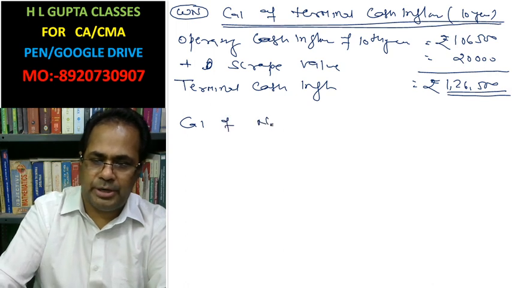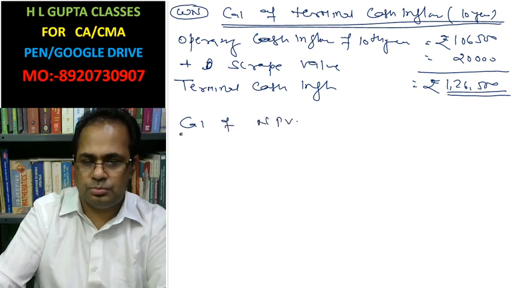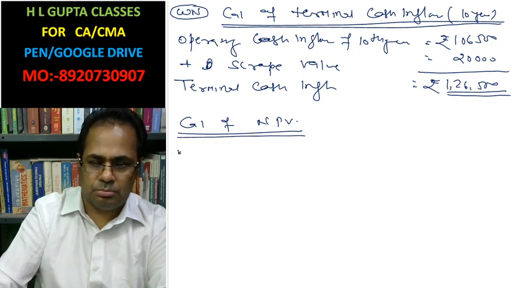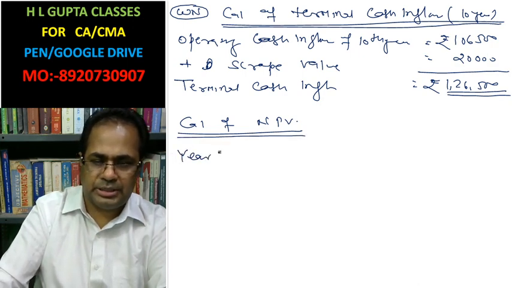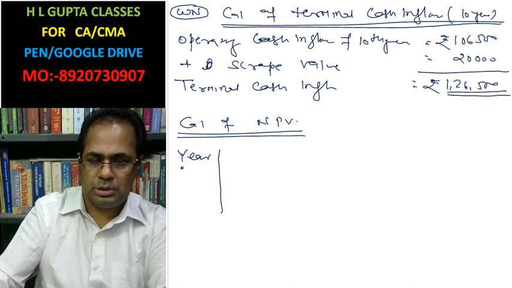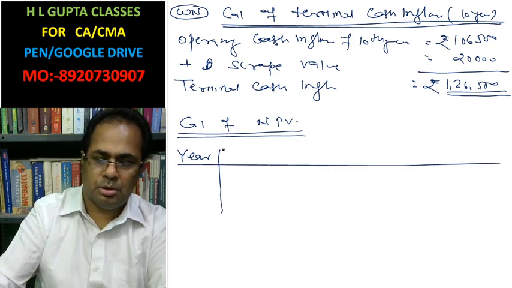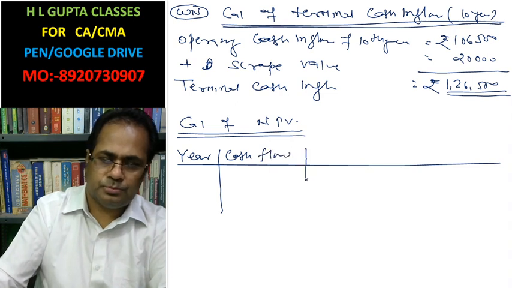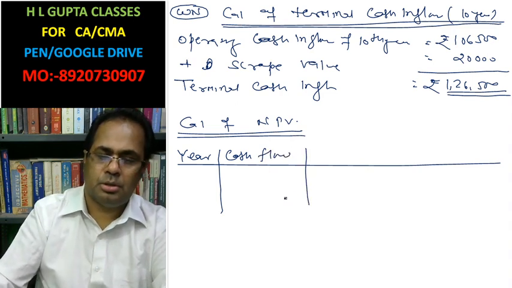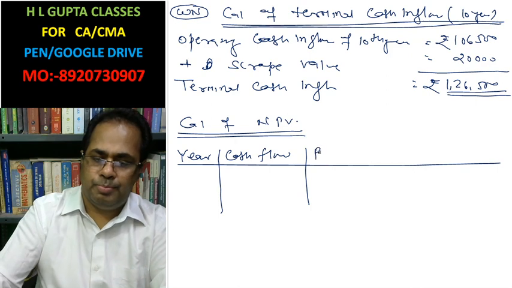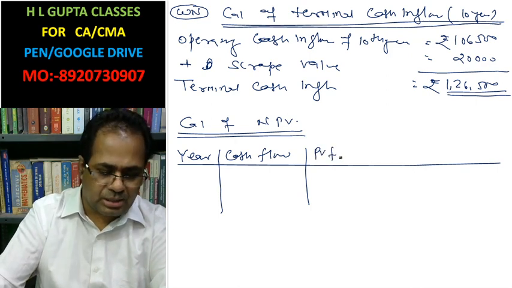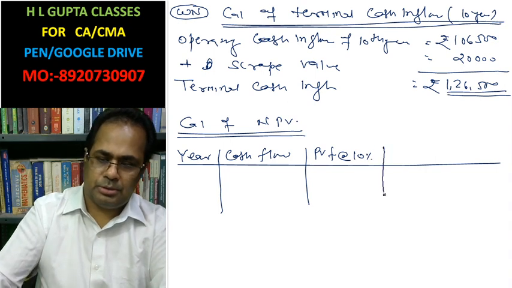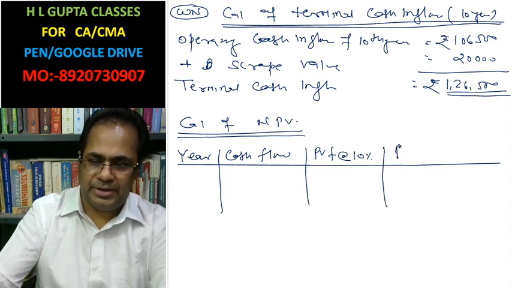Calculation of net present value. This is year, cash flow, present value factor at the rate of 10%, and this is present value.